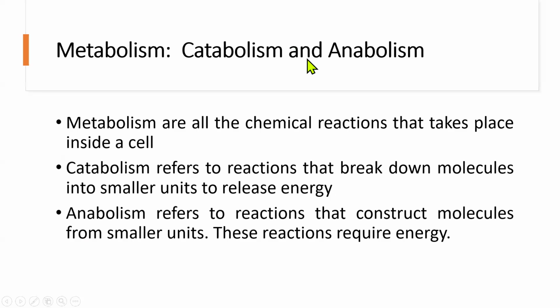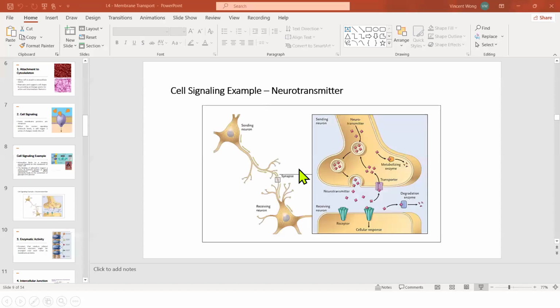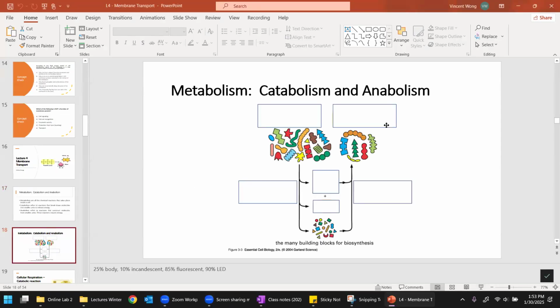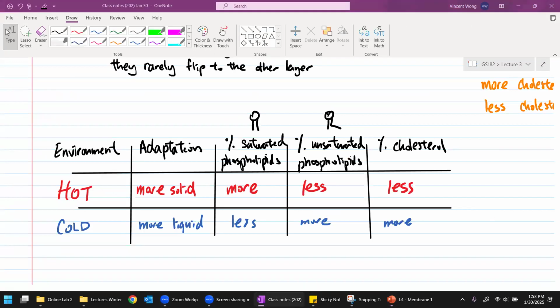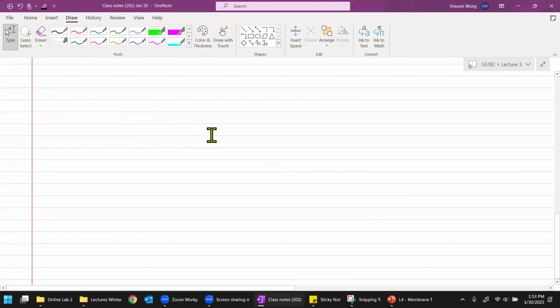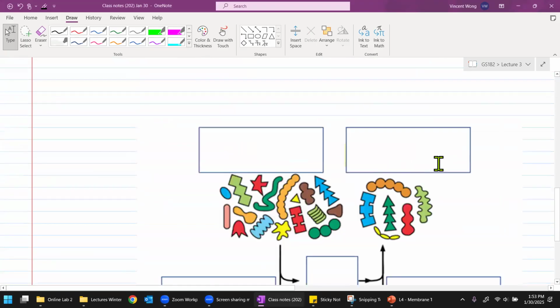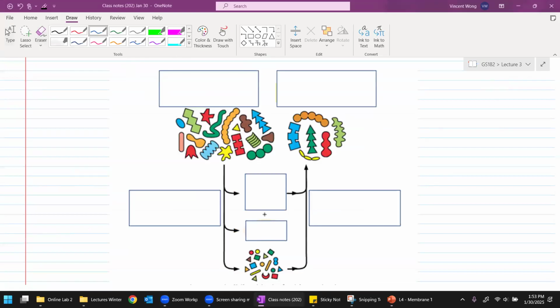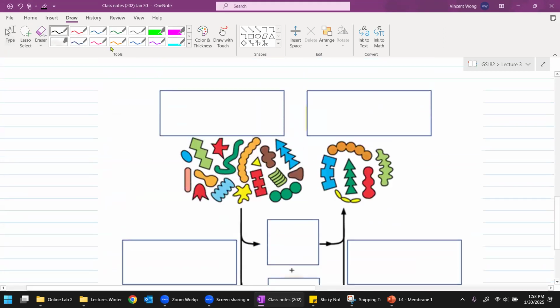Let's write this down together. If you have the notes printed out, there is a diagram like that. If you don't have it, that's okay, it's easy to draw. We'll fill it out together. Over here, we start with macromolecules in the food that we eat.